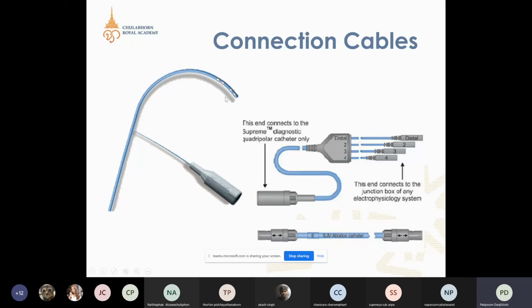You're going to have to try to match that. This end connector will connect to the end of the catheter here, and this pin will connect to the junction box.